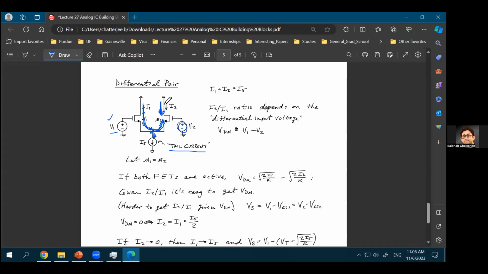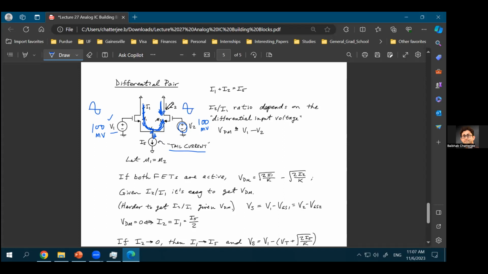So if you have, let's say, 100 millivolt input provided over here, and another 100 millivolt input provided as V2. And remember that these are all AC voltages. So you have an AC 100 millivolt as your V1. You have another AC 100 millivolt as your V2.